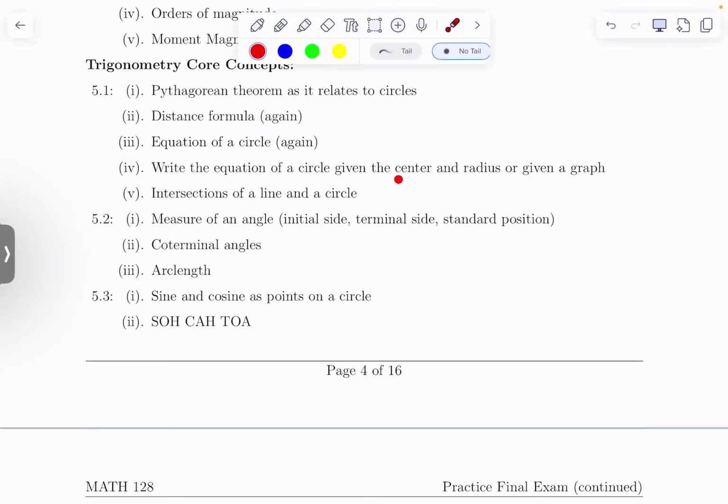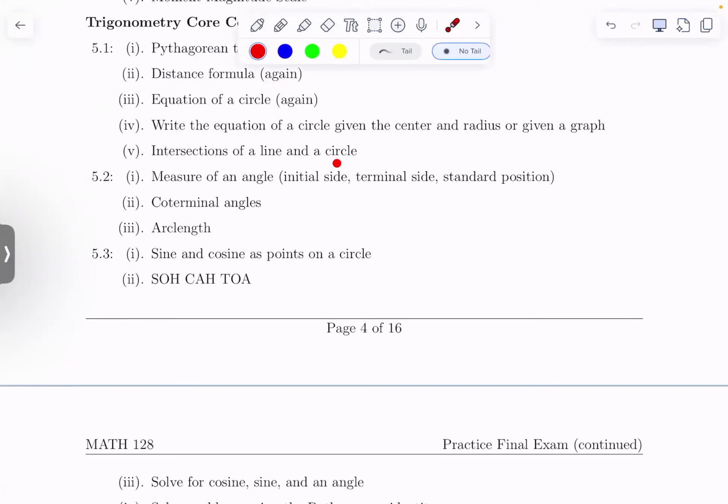The equation of a circle given the center and the radius or given a graph. The intersections of a line and a circle, right? That's something like the ant problem, which I really enjoy, and there will be an ant problem on the final exam, and there is one in the practice, because I think it's a cute way of testing that.